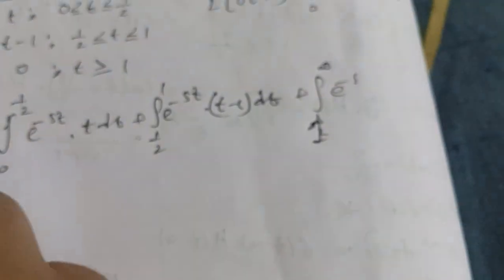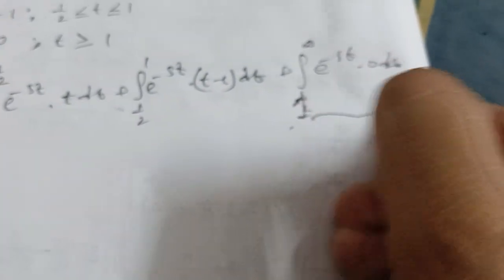Plus from 1 to infinity, the value of f(t) is 0, so e power minus st dot 0 dt. So these terms become 0, and we have to calculate the rest. It's okay, right?